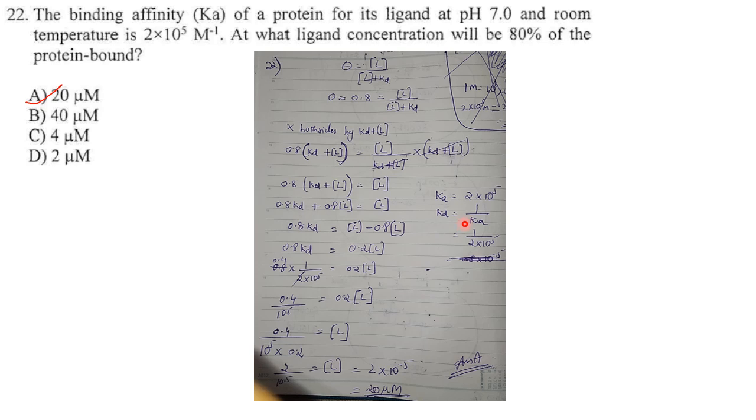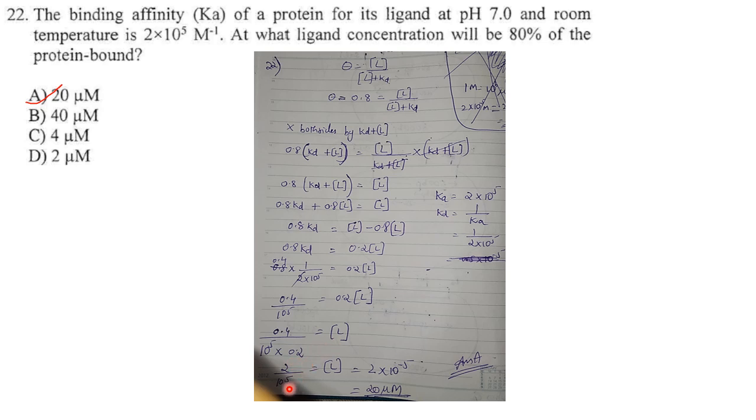So Kd is equal to 1 by Ka, that is equal to 1 by 2 into 10 raised to 5. So 0.8 into 1 by 2 into 10 raised to 5 is equal to 0.2 concentration of L, that is 0.4 by 10 raised to 5 is equal to 0.2 concentration of L. 0.4 by 10 raised to 5 into 0.2 is equal to concentration of L.